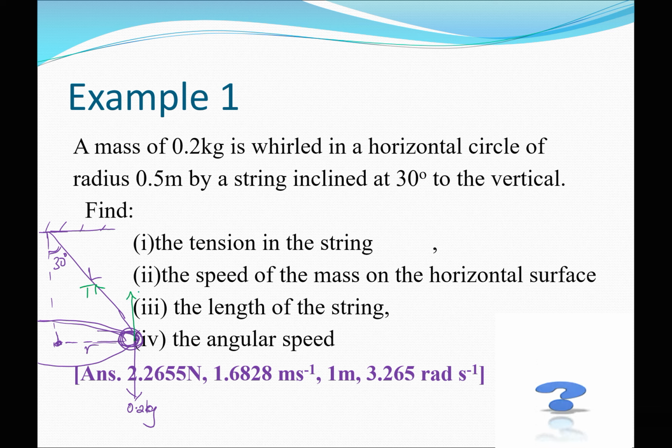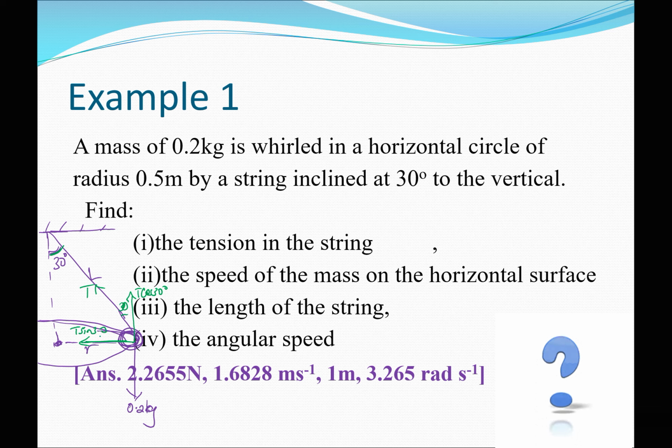The tension is going to be T, because the other angle to the vertical is 30. This angle is also 30. So the vertical component is T cos of 30 degrees. Then the component of the tension which acts towards the center is the one which provides centripetal force, and this component is T sine of 30.